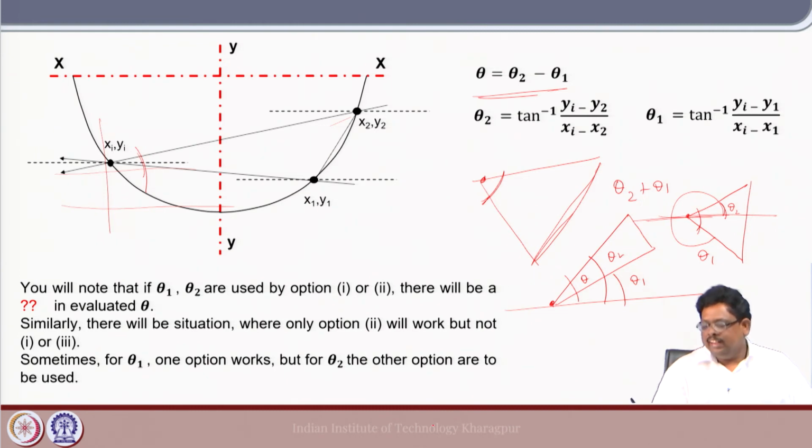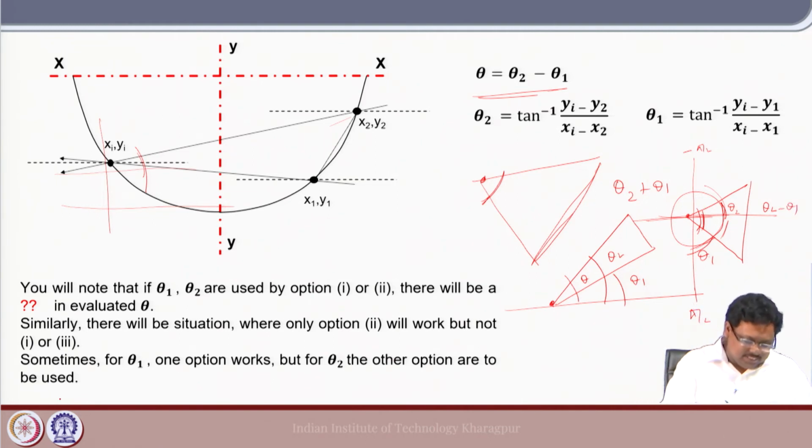Then if you take the same reference, theta 2 minus theta 1 will not give you this angle. However, if you take this section, which is minus pi by 2 to plus pi by 2, in this region, then you can take it as theta 2 minus theta 1. Are you getting?